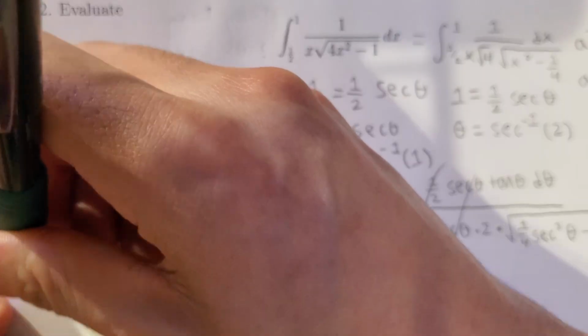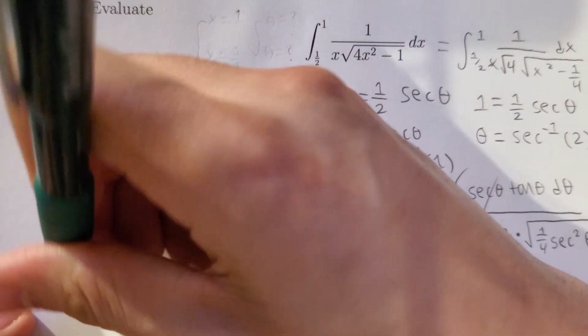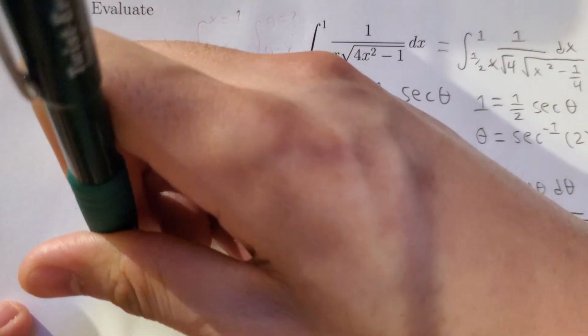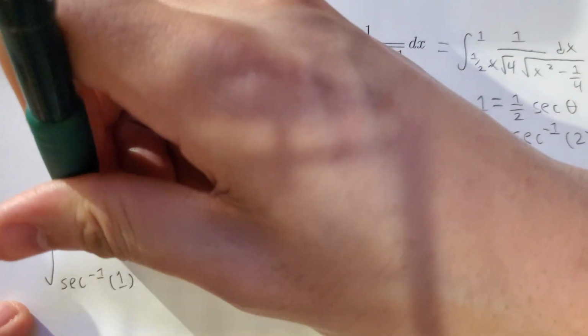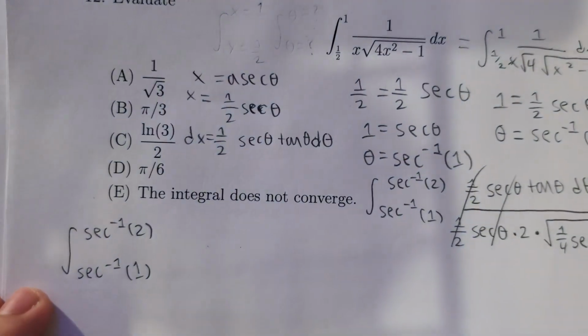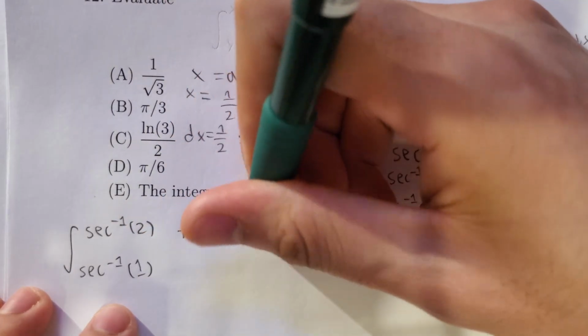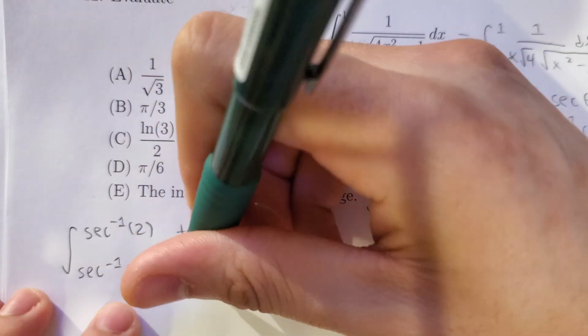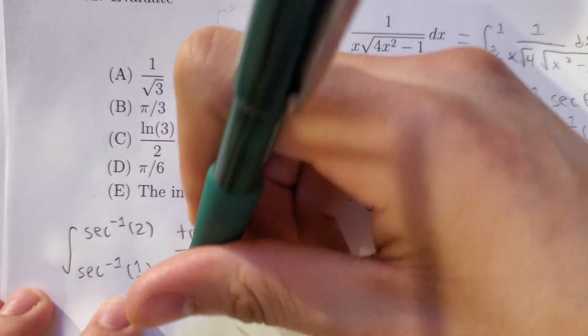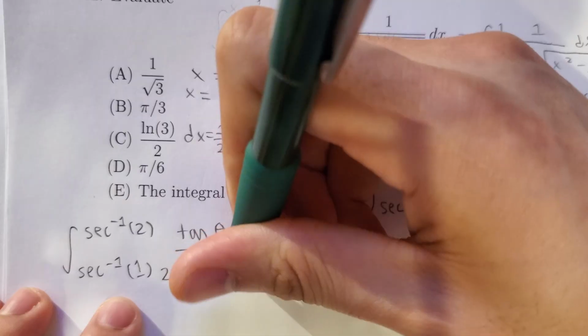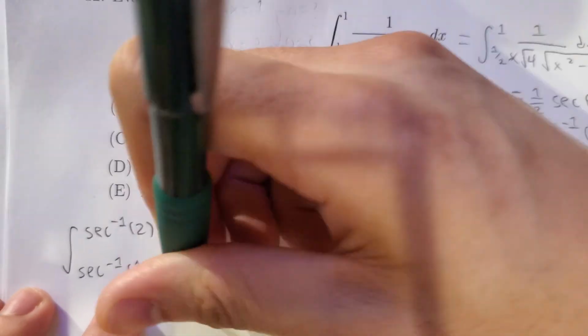So now our new integral looks like this, where we have boundaries again. Now the integral is going to look like tangent theta d theta over 2 times the square root of 1/4 secant squared theta minus 1/4.